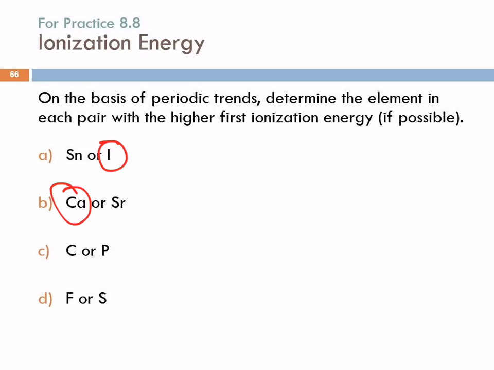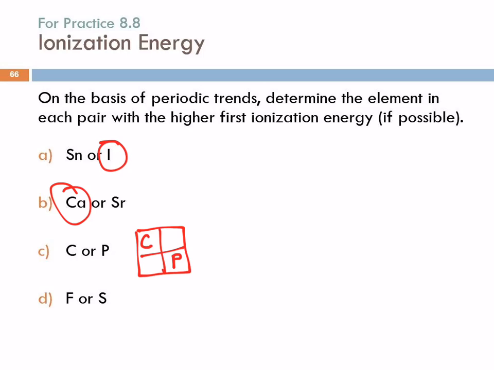Carbon or phosphorus? Oh, that's a tough one. Here we have a situation of opposing trends. So as we go across, ionization energy becomes larger. As we go down, it gets lower.